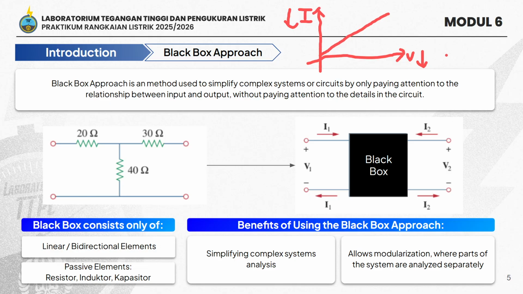And what is an example of a linear element? For example, we know that components like resistors or inductors are linear or bidirectional elements, different from a diode, where a diode is called a unidirectional element, because when you apply a current moving from left to right in the circuit, it will have a different output when we apply the current from right to left, because of its nature.